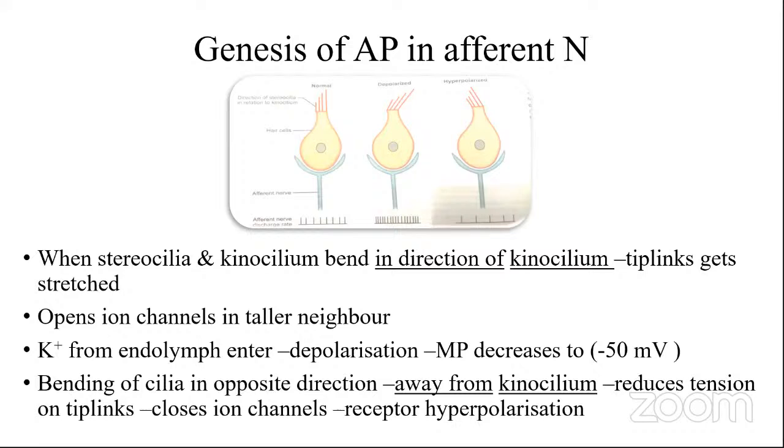Membrane potential decreases to minus 50 millivolts. Then bending of the cilia in the opposite direction, away from the kinocilium, reduces tension on the tip links, and this will close the ion channels and there is receptor hyperpolarization.